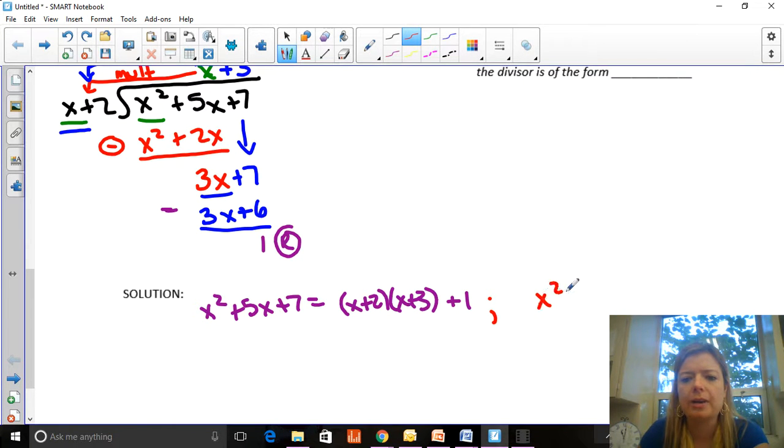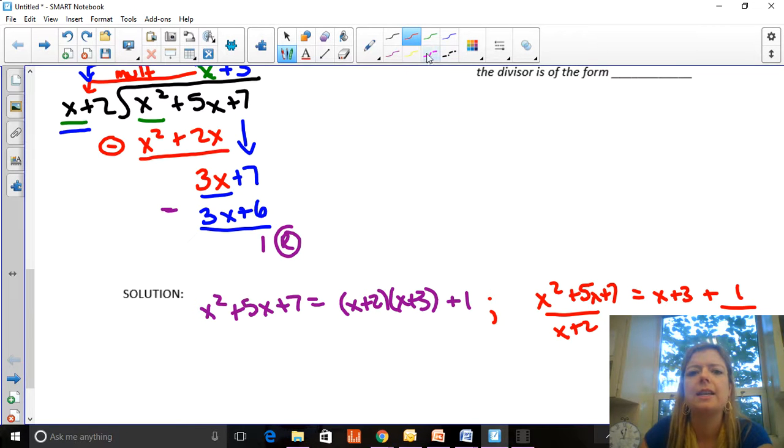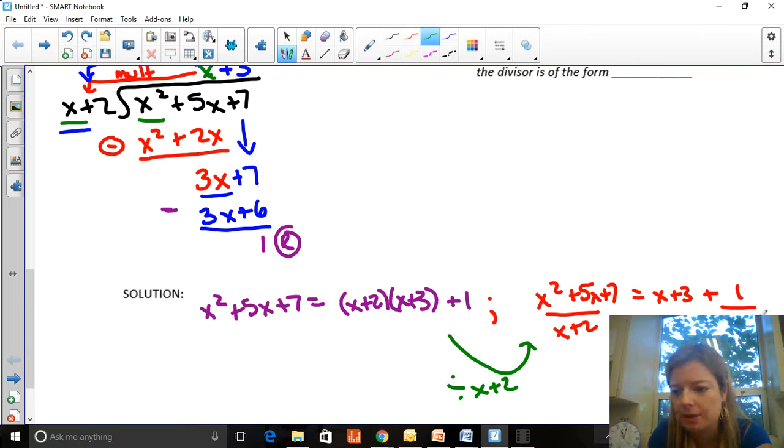So x squared plus 5x plus 7 over x plus 2 is equal to x plus 3 plus 1 over x plus 2. So again, to get from here to here, I just divided everything by x plus 2, which is the divisor. Oh, sorry, this should be an x plus 2 here. It's my bad.